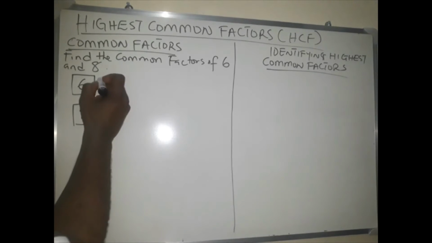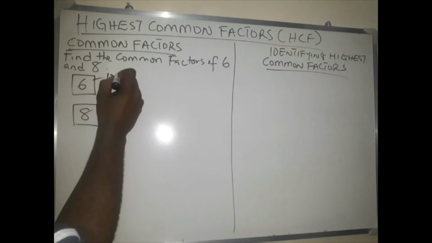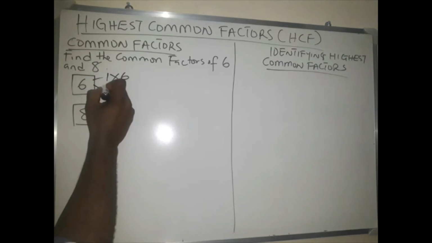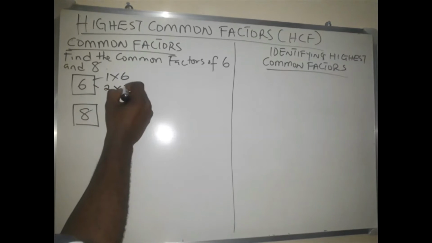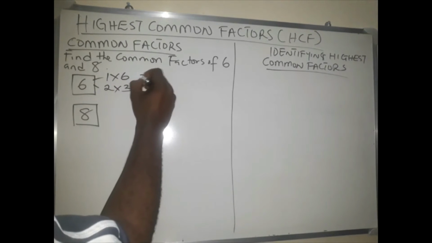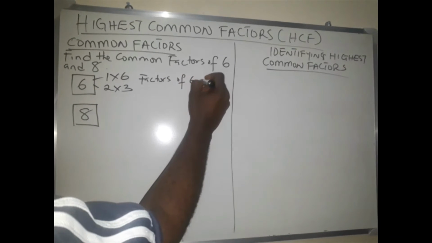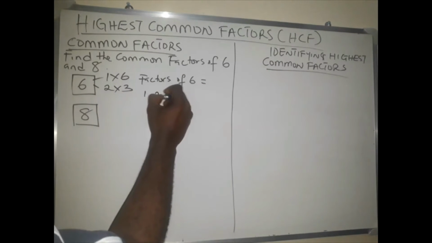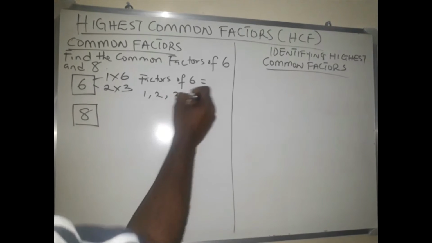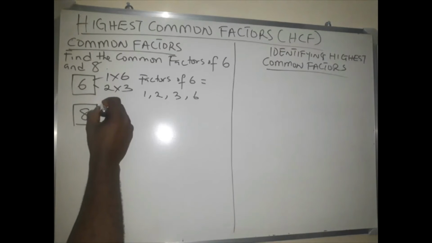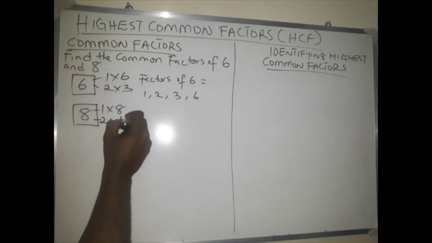Now, one factor pair of 6 is 1 times 6, and another is 2 and 3. So the factors of 6 are 1, 2, 3, and 6. Factors of 8 are 1 and 8, and we also have 2 and 4.